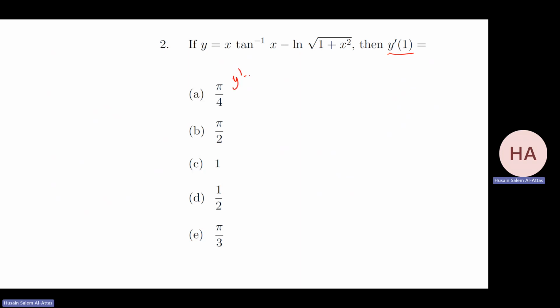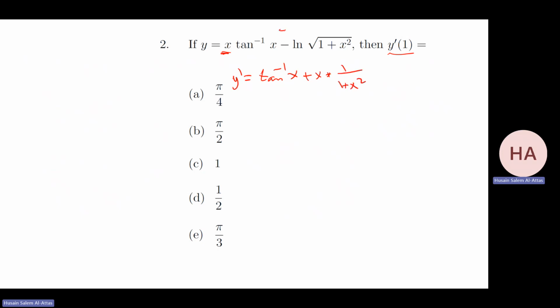Y equal x tan inverse of x minus ln, then find y prime at 1. What I will do, we'll find y prime. That will be x times tan inverse, product rule. Derivative of the first, 1 times tan inverse of x, plus x times 1 over 1 plus x squared.